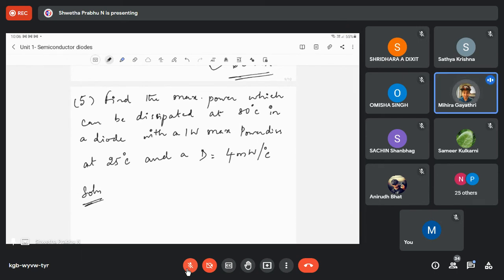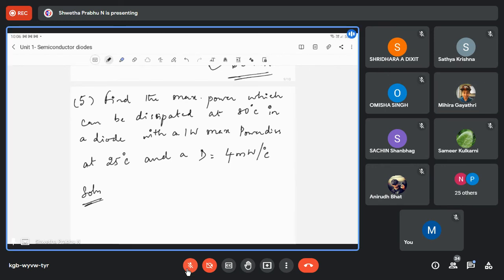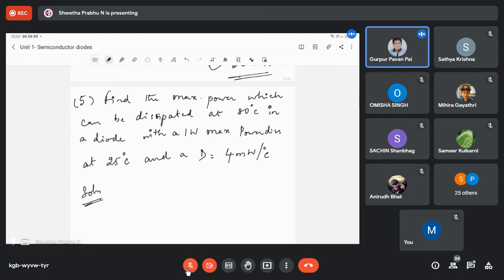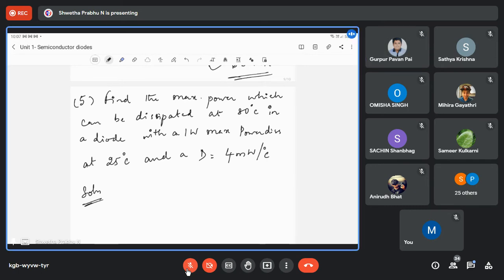Ma'am, what is that? With a 1 watt max power? Maximum power dissipation. Okay. 0.78. Just a second, let me verify.